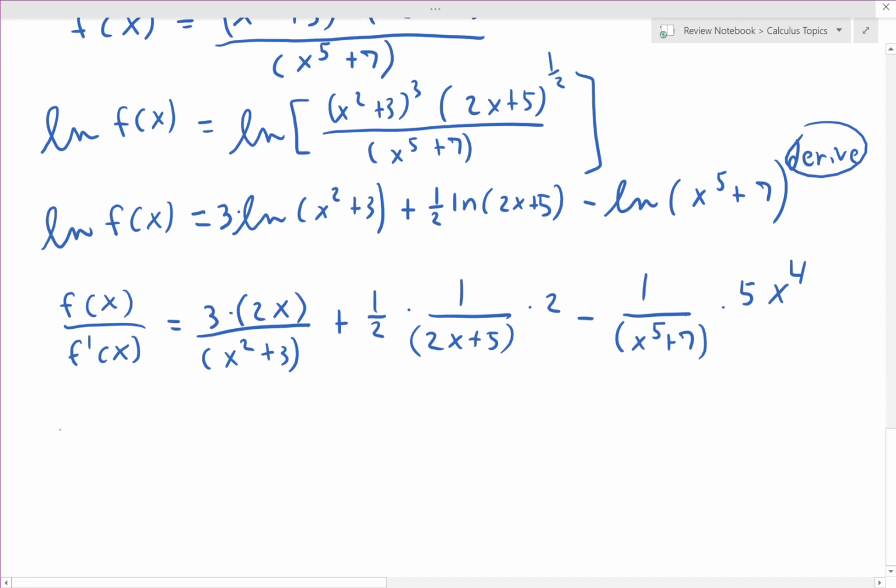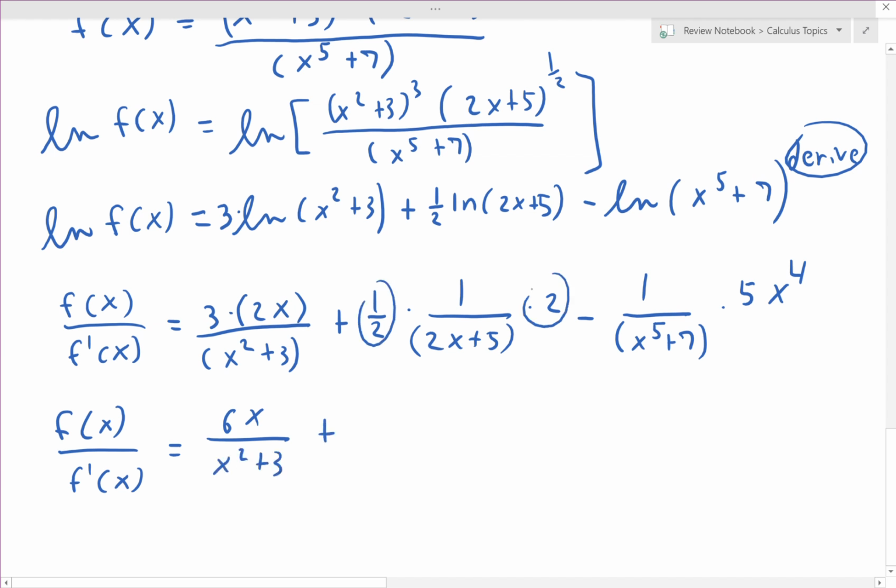Let's clean that up a little bit. The derivative over f of x would be 3 times 2 is 6x over x squared plus 3. 1/2 times 2 is 1. So we have 1 over 2x plus 5 minus 5x to the 4th over x to the 5th plus 7.